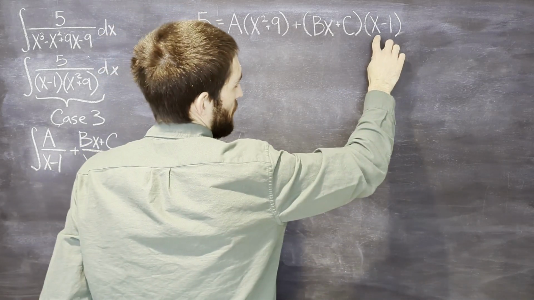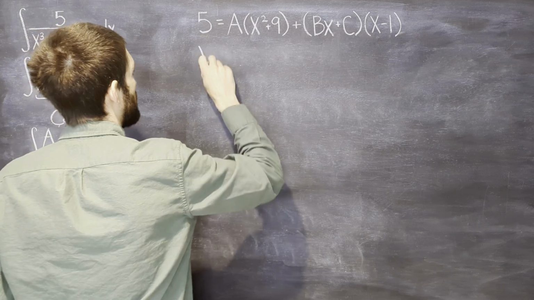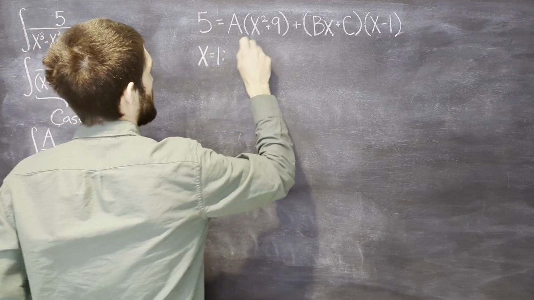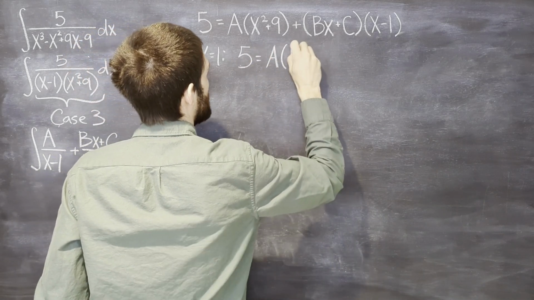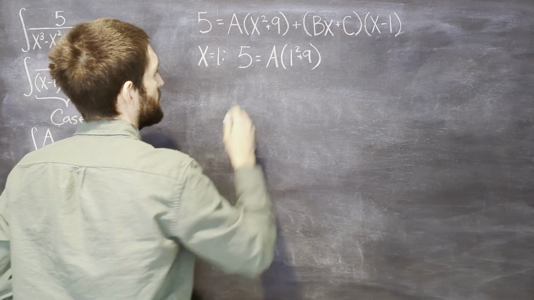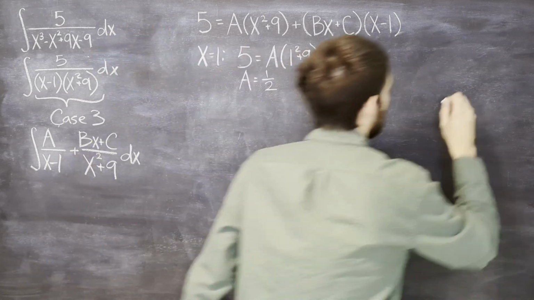Because this becomes 1 minus 1, which equals 0, canceling out b and c. So if we let x equal 1, the left side stays the same, and the right side becomes a times 1 squared plus 9 plus 0. Solving for a, we get a equals 1/2.